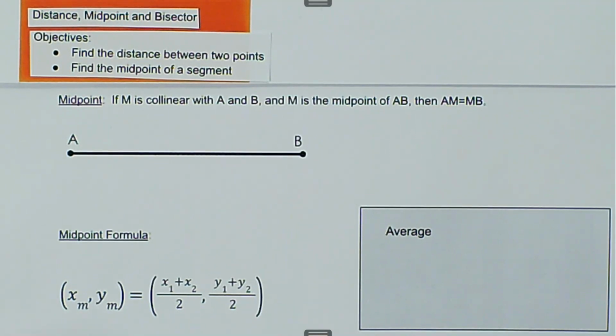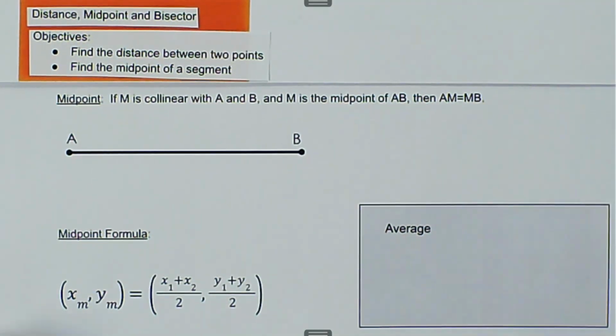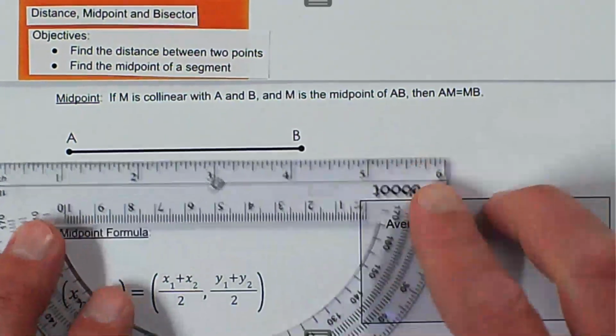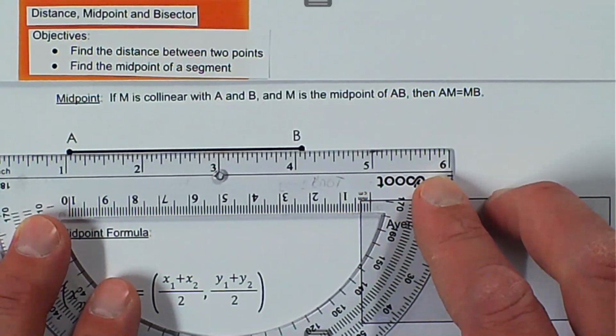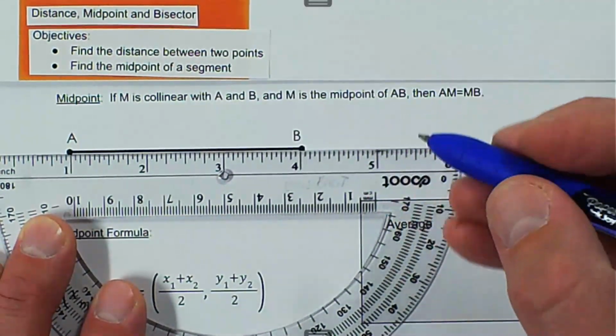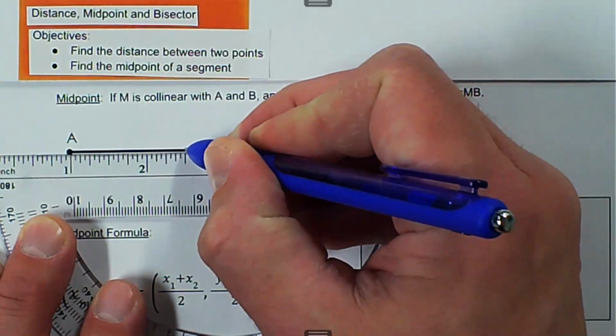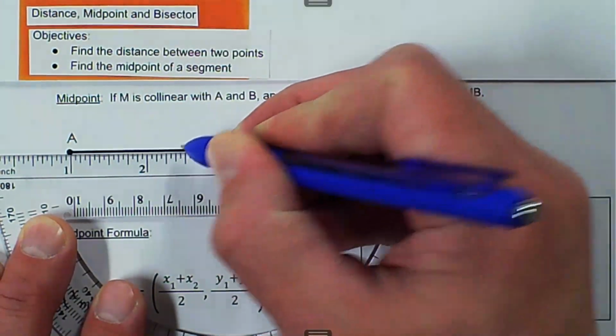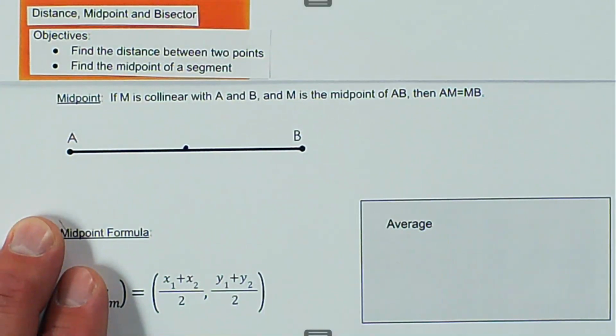I'm going to use my straight edge and my ruler, and I'm going to mark M on the middle of AB. Right there in the middle is going to be about 1.5. So put it right there, and that's M, the midpoint.